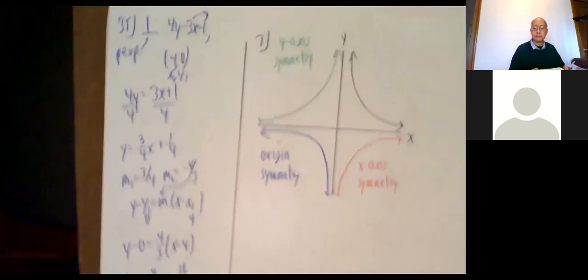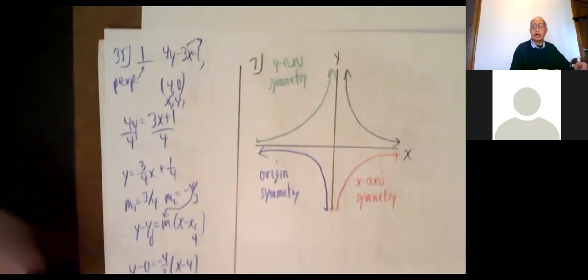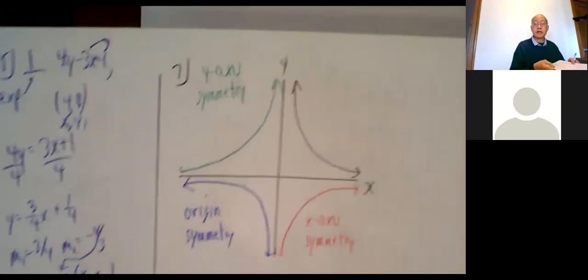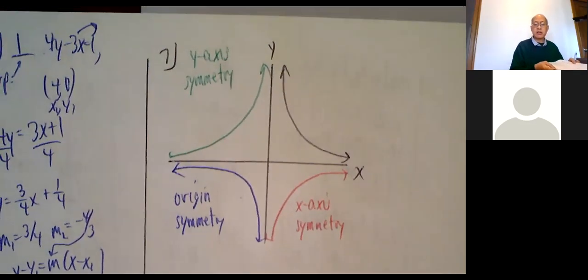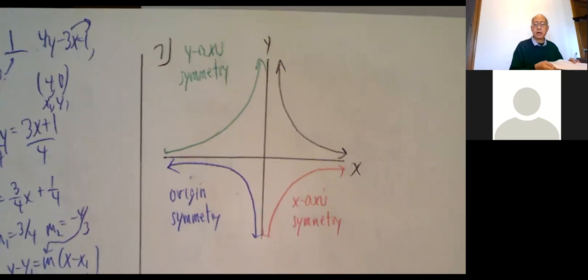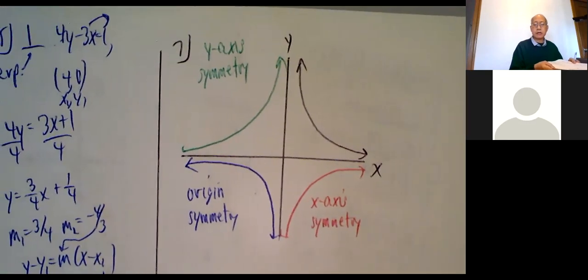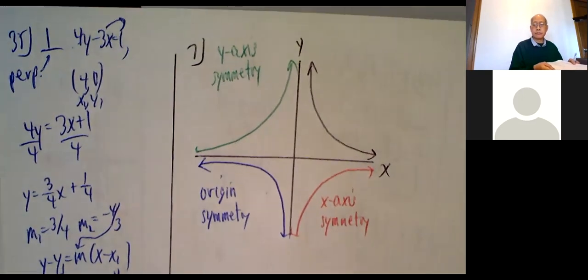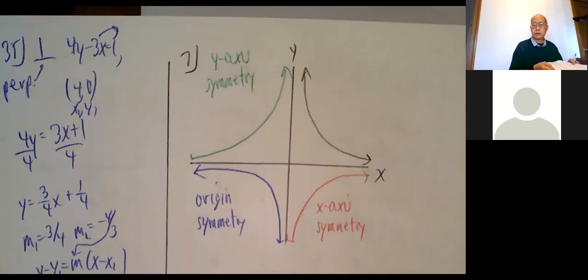Origin symmetry. Okay, so the green, I'm not sure if you can see the green. I'll raise it up. Okay, so the black is the given function. The green is y-axis symmetry. The red is x-axis symmetry, and the blue is origin symmetry. So there we go.